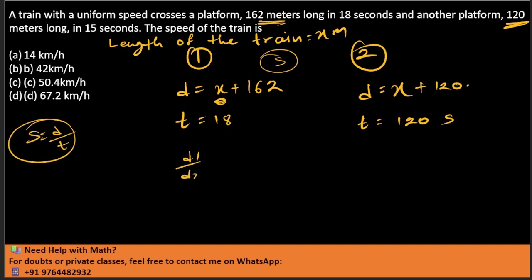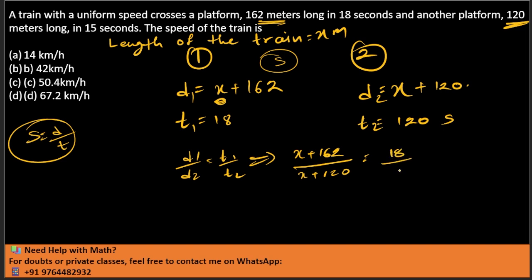d1 upon d2 is equal to t1 upon t2. So here I can apply: x plus 162 upon x plus 120 is equal to t1 upon t2. So t1 is 18 and t2 is 15, not 120.